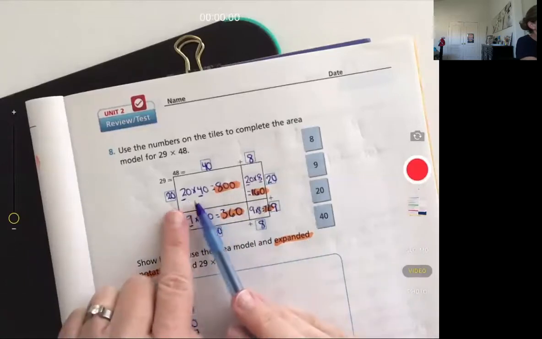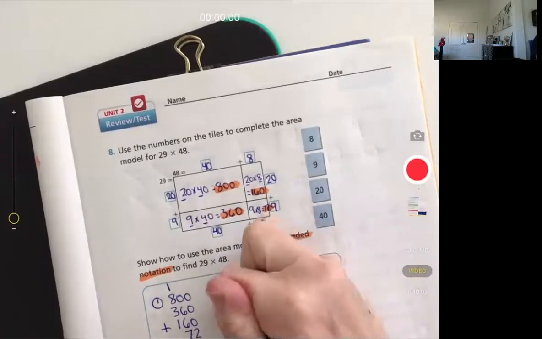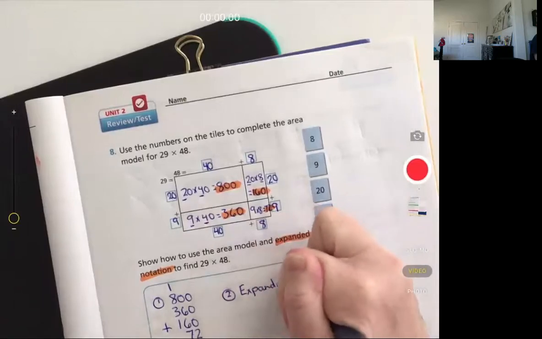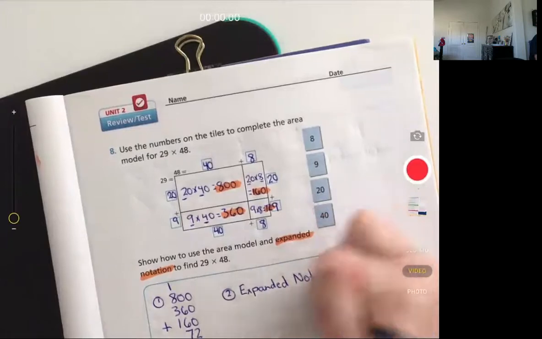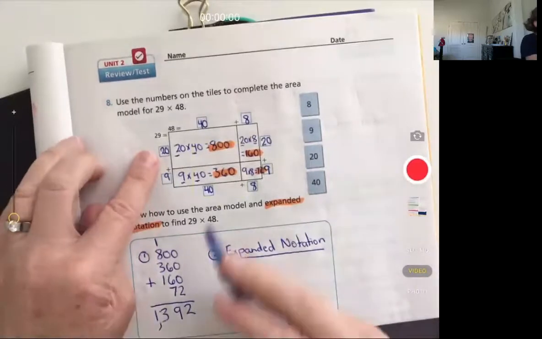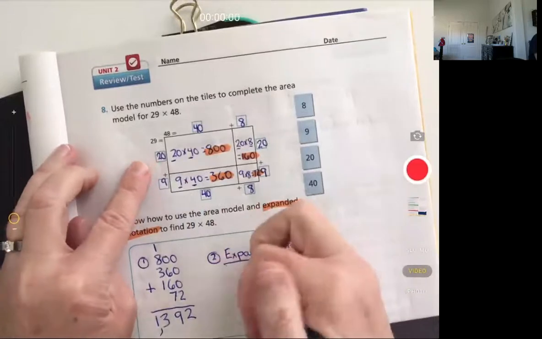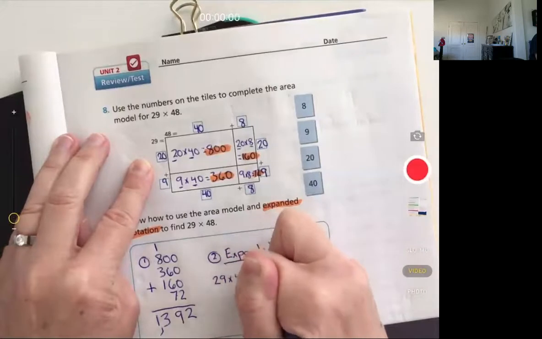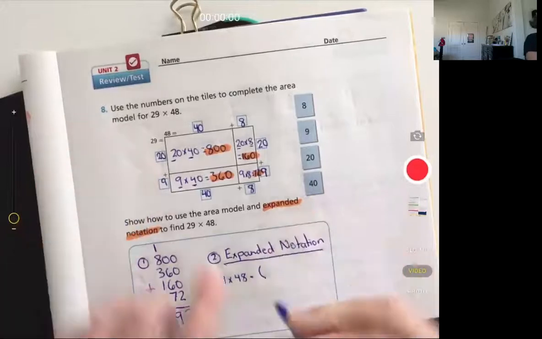That's going to just be taking out each one of these, okay? Expanded notation. So now we're going to put our tens together. So we can say 29 times 48, right? And we're going to expand.